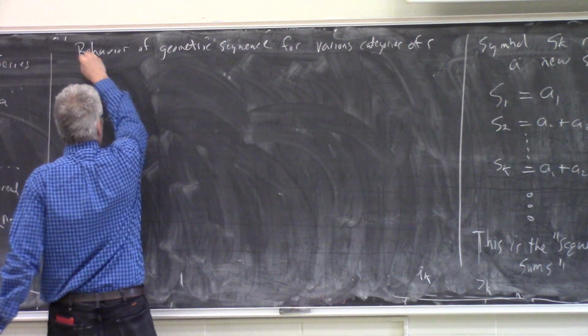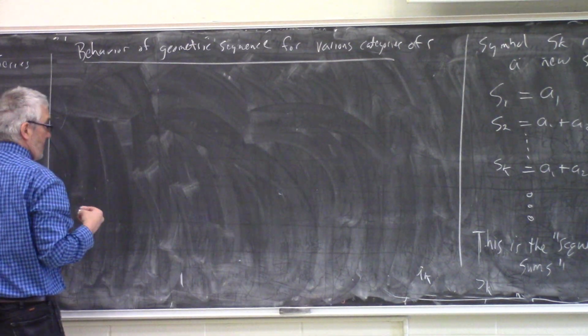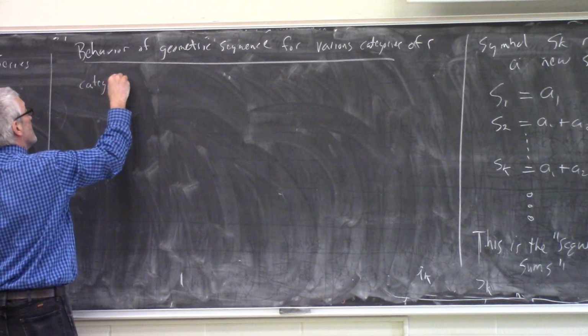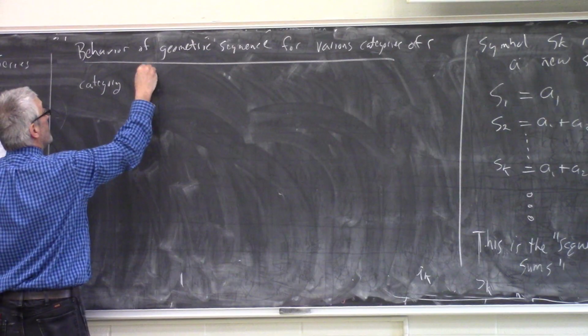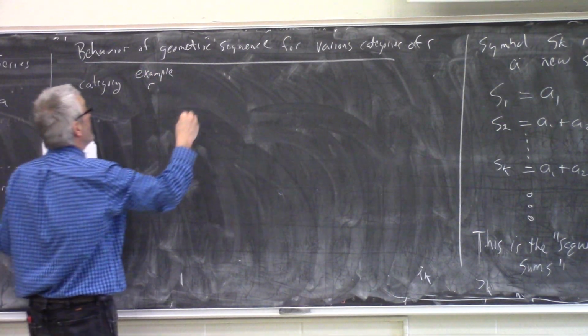That's what I want to do here. I want to make a great big table, make you feel like you're getting your money's worth. So category, and then an example of an R in that category, and then the geometric sequence.